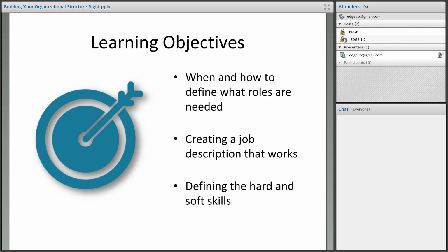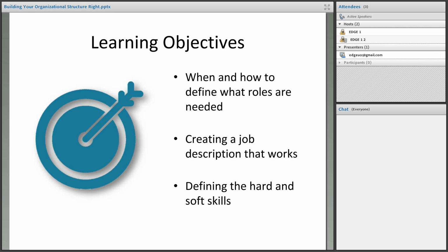Not being clear on the activities the job requires. Well, I need a customer service person, but there's no defining what that customer service person is going to do. How many calls they're supposed to take, how many calls they're supposed to make, what the level of call service is. Do you want them picking up the phone in 5 rings or 3 rings?